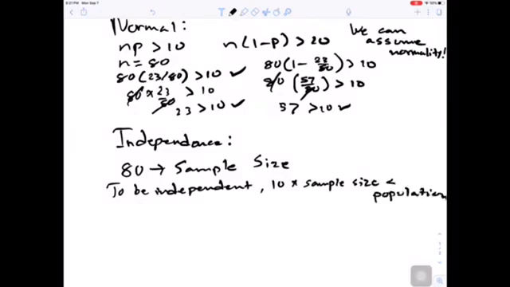So in most cases, 10 times the sample population would be less than the total population. And that's true in most cases. So we can assume that 10 times the sample population would be less than the total population. And therefore, we can assume independence.